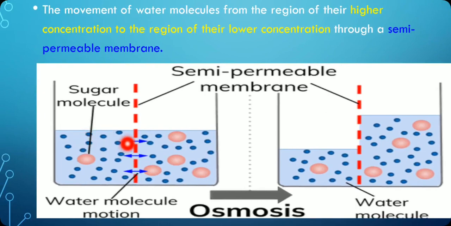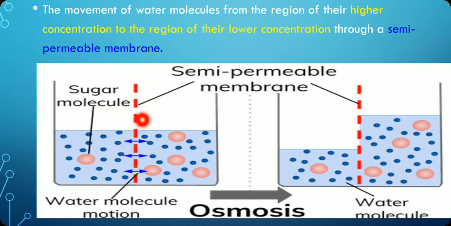Here, let me show you a picture and then you will get to know about it. Here you can see a semi-permeable membrane. One more important thing is that a semi-permeable membrane allows selective substances to enter. It does not allow all the substances to cross it, so only some selective substances are allowed to pass through it.